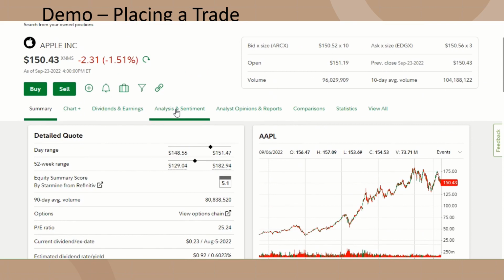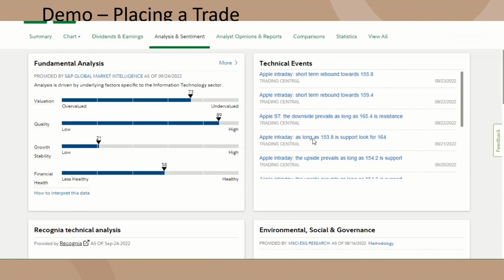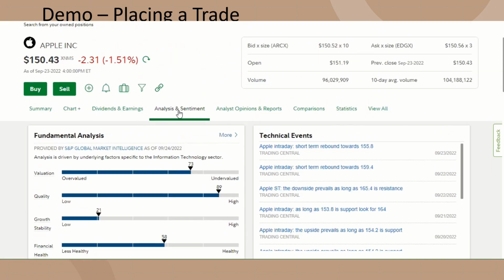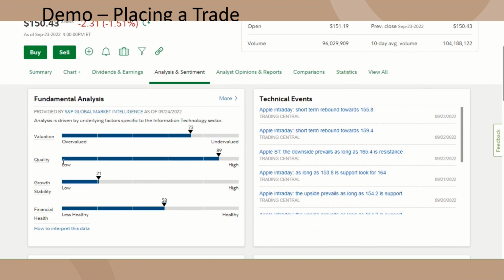And then now let's move on to analysis and sentiment. This covers more the fundamental analysis where it says the valuation, as of now, considering the current market conditions, is a little overvalued. So it's on 73 on a scale of 0 to 100. And the quality, Apple, as everybody knows, is a very good company and the quality of the stock is pretty high.